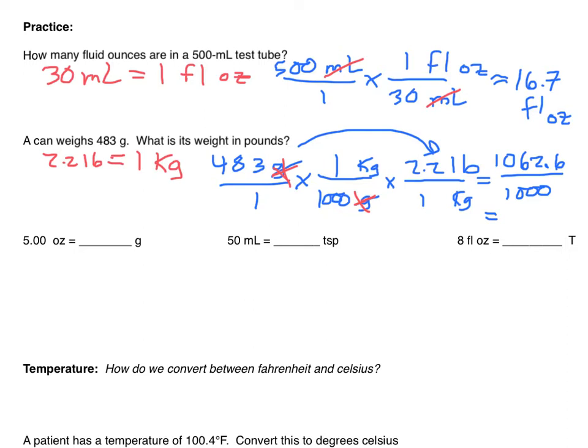Let's write out what we have: 1.0626, and the answer is pounds. Really quick, to recap what we did, we needed to get from grams to pounds. We didn't have a direct conversion, but I did know that I could first convert to kilograms.